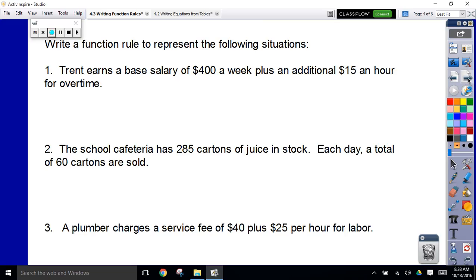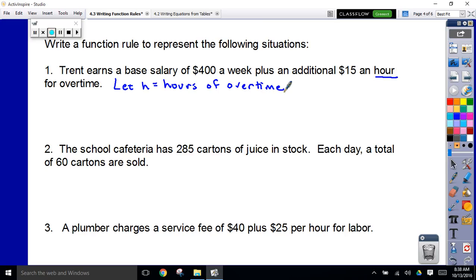Before we write an expression, we have to define some variables. So there are 2 things up here that we're going to use a variable for. First, Trent earns a base salary of $400 a week plus an additional $15 an hour for overtime. So the hour is going to be one of our variables because it's going to be $15 per hour. So I'm going to let H equal the hours of overtime.